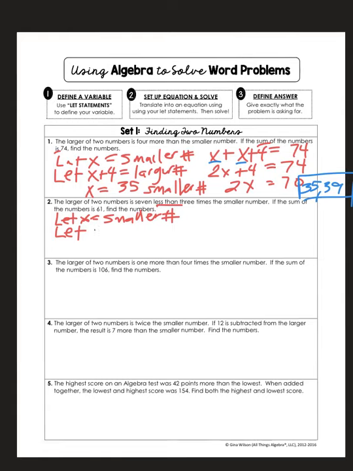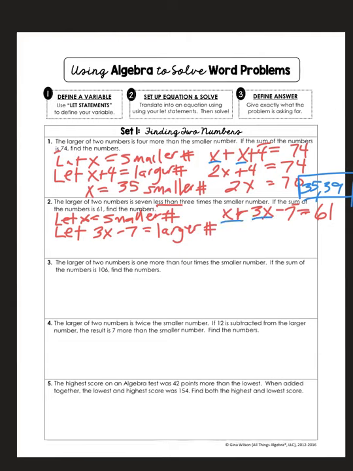Okay, so 3 times the smaller number is 3x. Less than 7. Okay, minus 7 equals the larger number. And then it says if the sum, so we're adding, of the numbers is 61, find the numbers. So we have x plus 3x minus 7 equals 61.